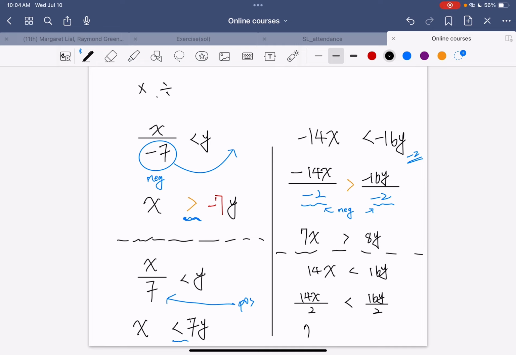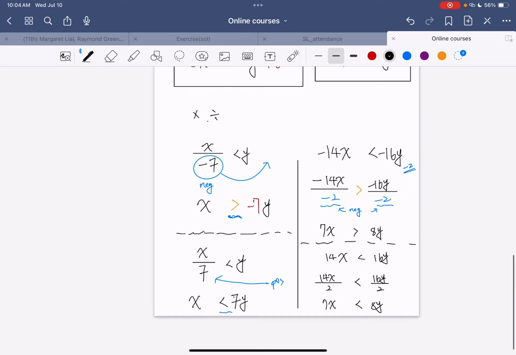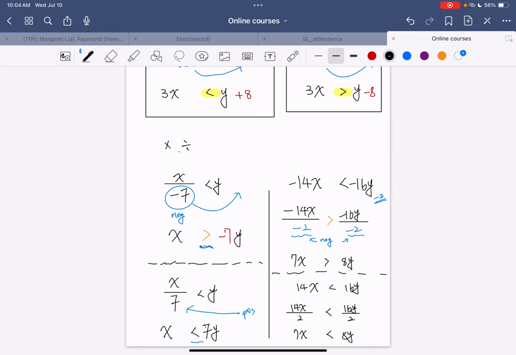And then we'll get 7x that is less than 8y. So this is a part of the properties of inequalities.